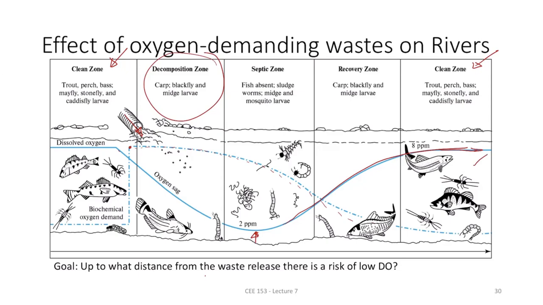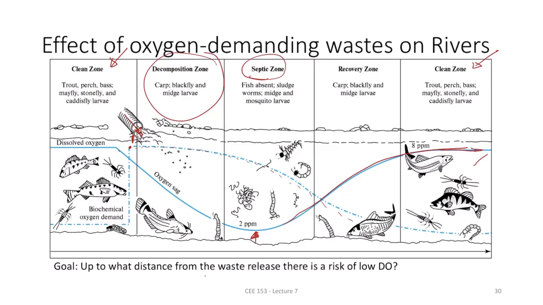So as an engineer, you have to determine how far from the waste point you will find this septic zone, meaning the lowest concentration of DO. At the same time, you have to also determine what's the lowest it can get, because that will determine what kind of aquatic life will survive in those conditions.